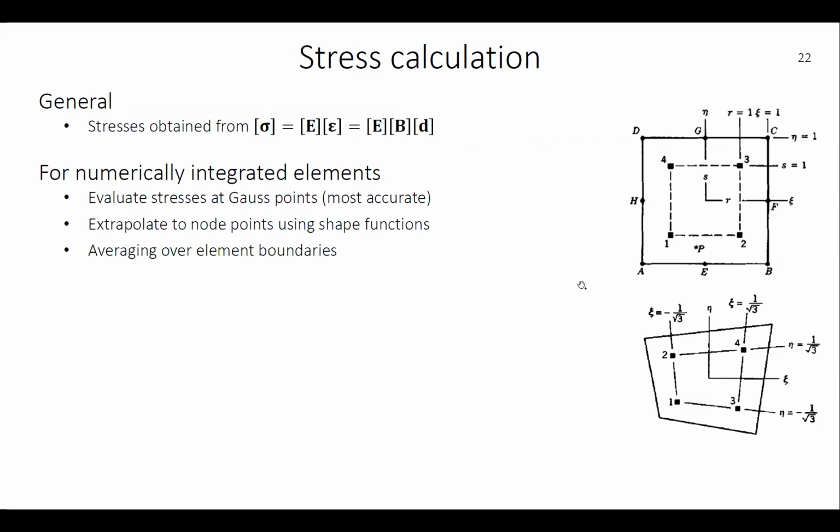As I mentioned in the very beginning of this lecture, we have a C0 continuity, which means that we have a continuous displacement field, but we may have a discontinuous strain field, since the strain is the derivative of the displacement. This means that if we add another element beside this one, we will have a continuous displacement within the elements.